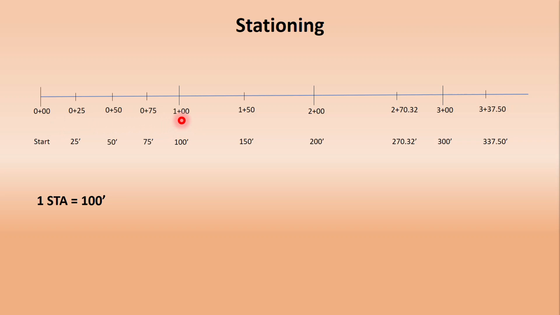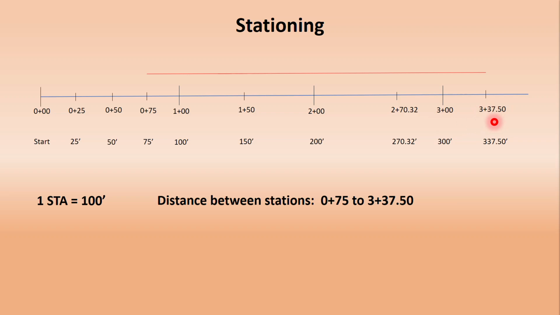At another 50 feet, we'd be at 150 feet from the beginning, station 1 plus 50, then 2 plus a pair of zeros. And you can get just as precise with your stationing as you can with a traditional linear measurement. You can go to the nearest hundredth of a foot. So station 2 plus 70.32 or 3 plus 37.50.